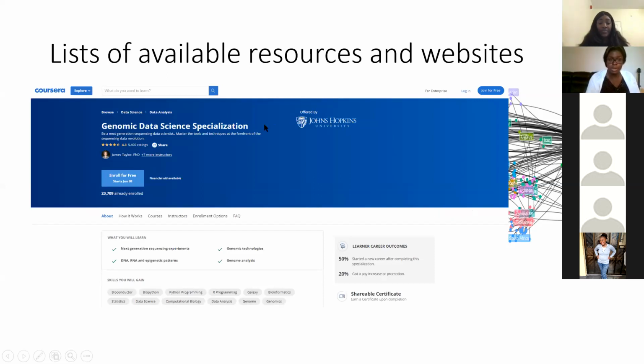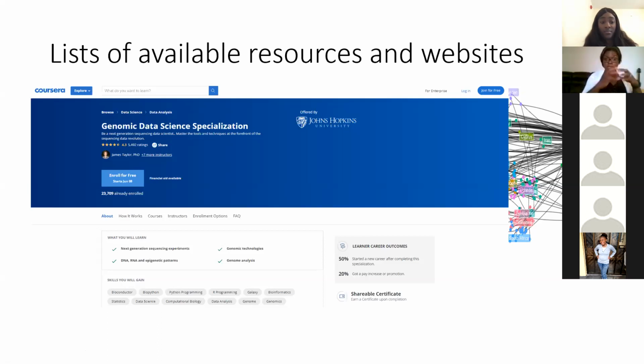This course in particular goes through next generation sequencing experiments. So all the things I told you we did, it breaks it down for you, does everything, DNA, RNA, epigenetic patterns. So let's even assume you're not a biologist, but you somehow want to get your hands on all this biological data. Start from here. It's going to teach you how to use Bioconductor, Biopython, so Python, that are pretty much essentials for real biologists.